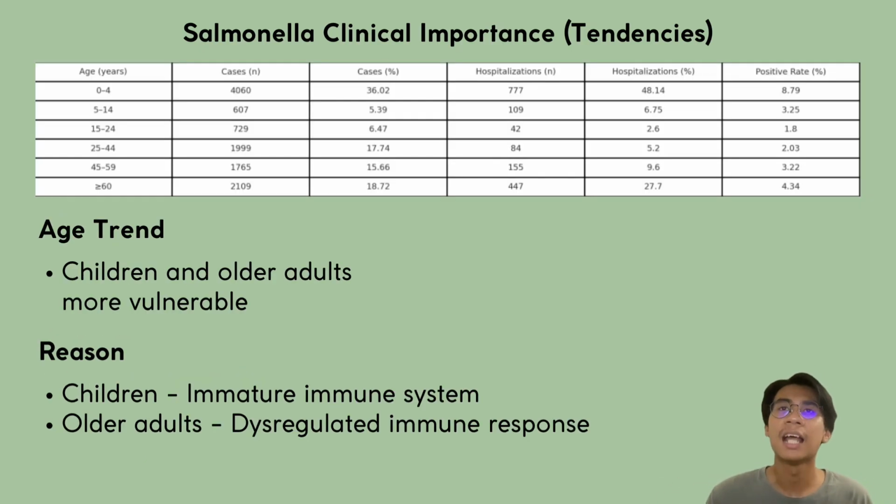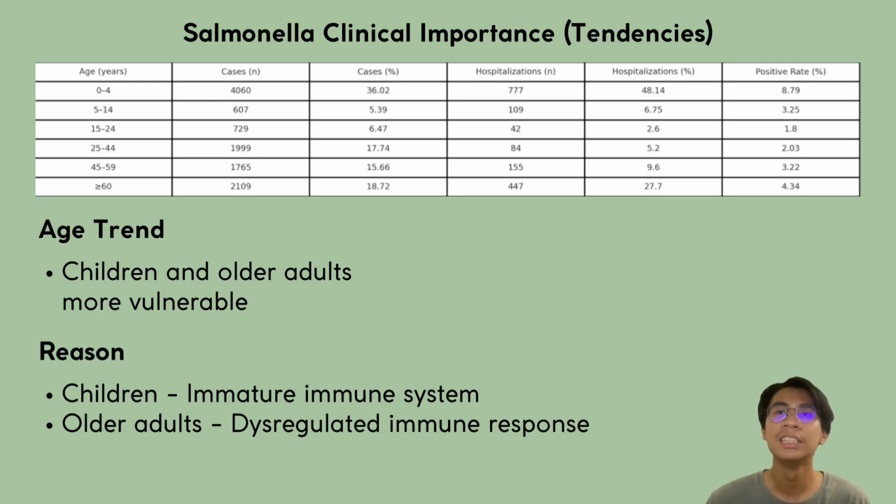The other trend is the age trend. Children and older adults tend to be much more vulnerable to getting infected by Salmonella, especially children from 0 to 4 years old and older adults more than 60 years old. The reason for this can be due to the immune system.